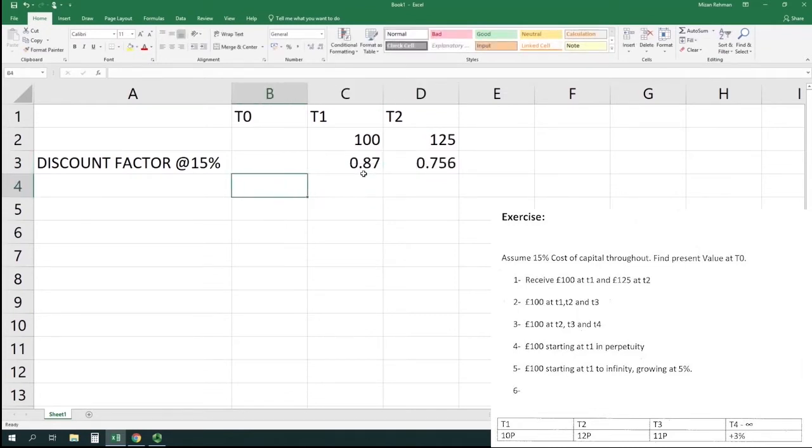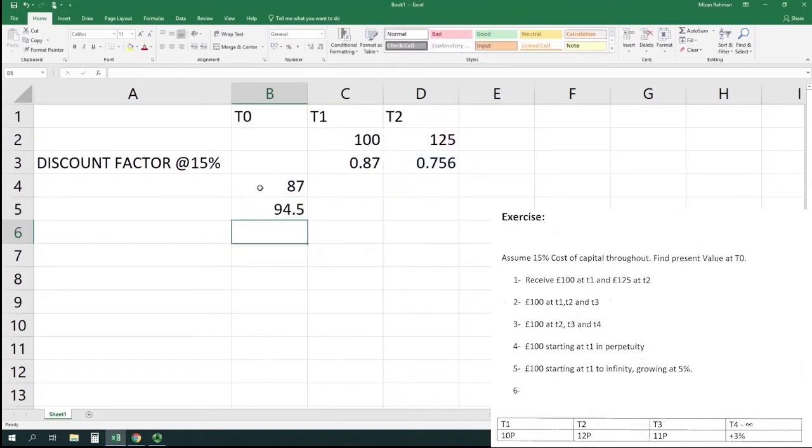To bring it to T0, I'll multiply cash flows with discount factors.